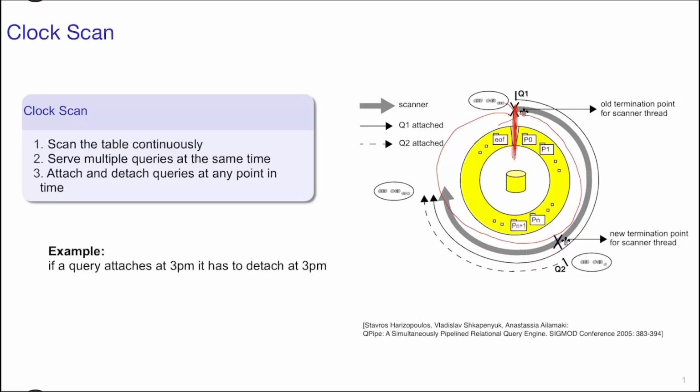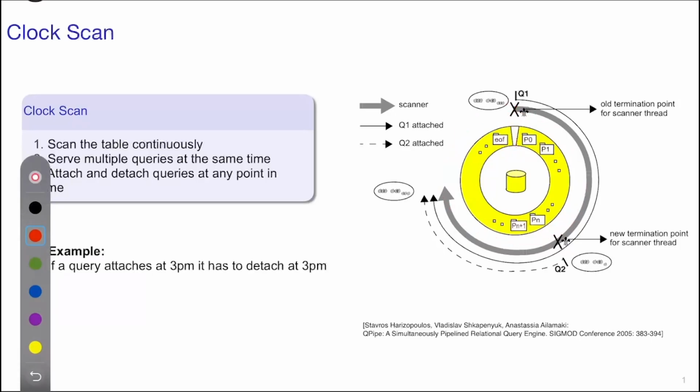Now we had this batching problem that the query has to wait till a batch is formed. Here it's different. Whenever a query comes in, and I think query 2 is an example, you're at the current position in your scan. I could say this is roughly 5 o'clock.